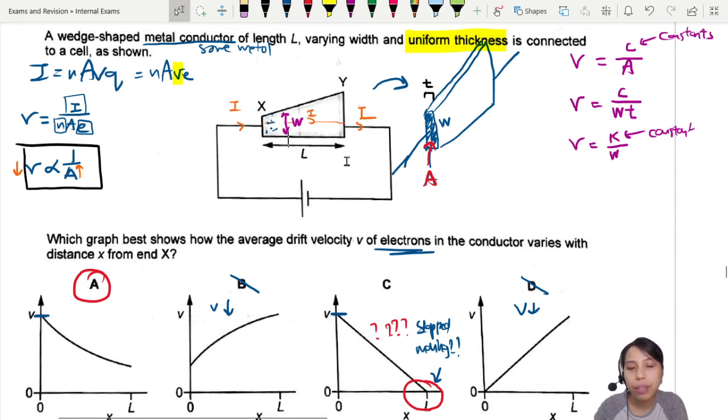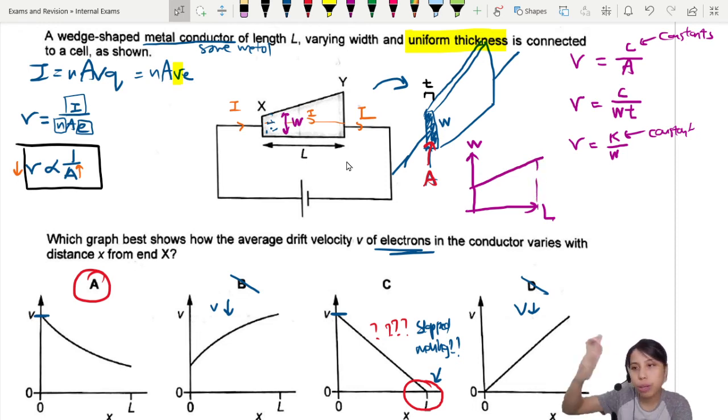If you look at this graph, if I plot width against length, it's like this, right? Looks like the shape of the thing. As you go along in L, it gets thicker and thicker. So this one, I can just call it some initial width. What is this equation? It's a straight line equation, y equals mx plus c.